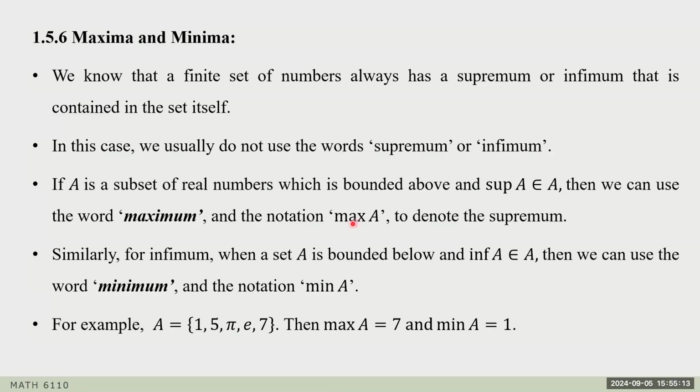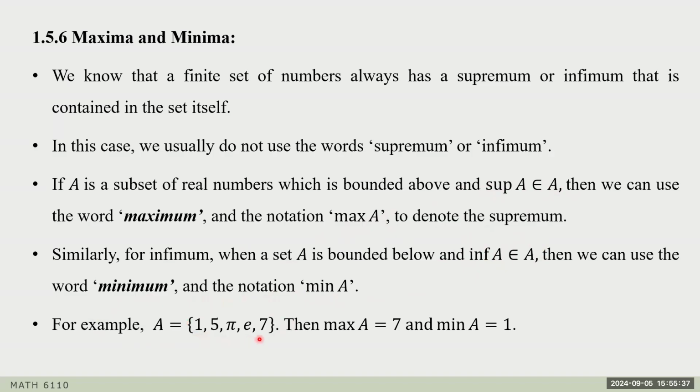So the max A is equal to the supremum of A. And same thing for infimum. If the infimum of a set A happens to belong to that set A, then we could replace the word infimum by minimum.